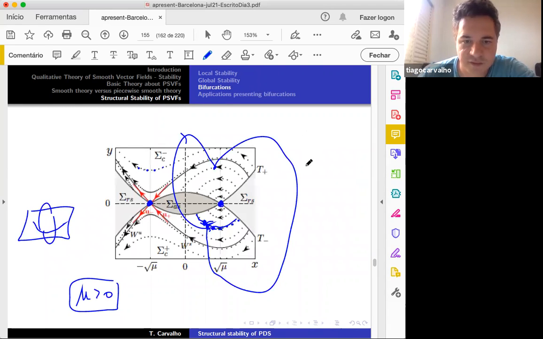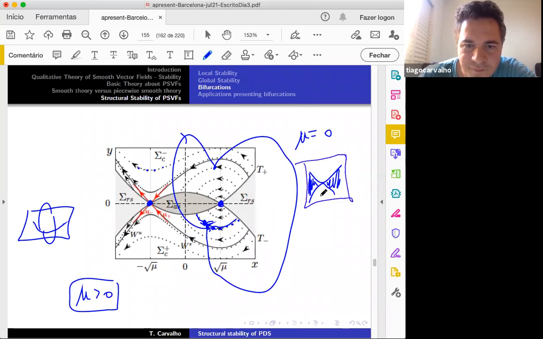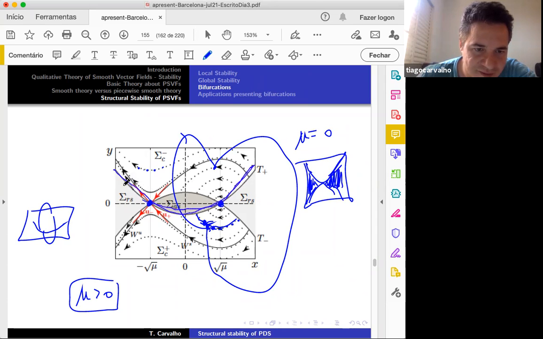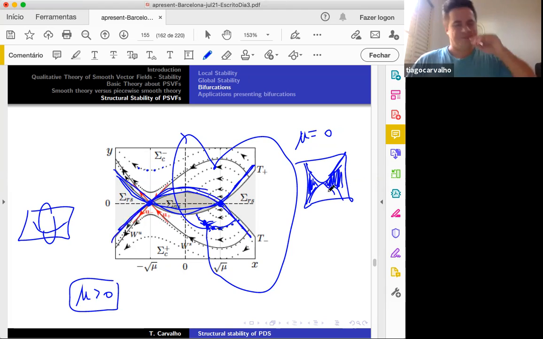We also have the case mu equal to zero. Here we have the escaping regions. Look at the parabolas again: these parabolas have a non-generic contact, and the first return map is doing something like this. There is an equilibrium here also, but a non-hyperbolic equilibrium of the first return map.